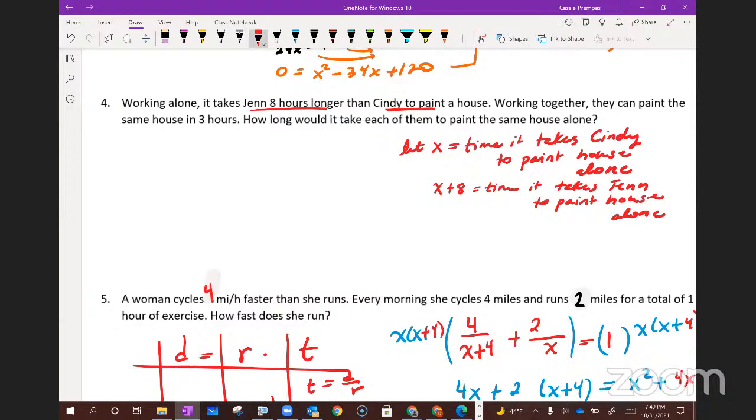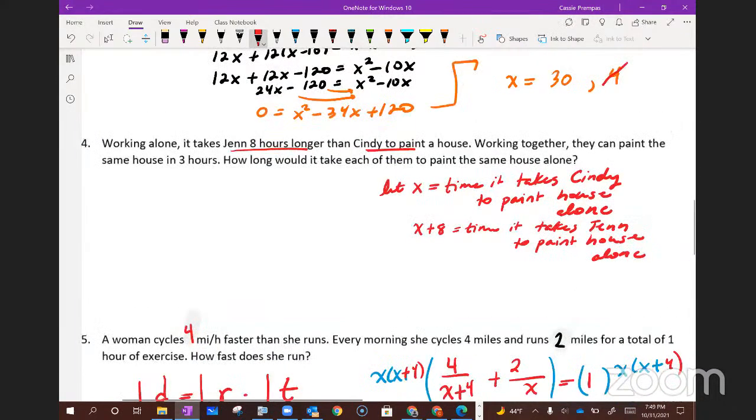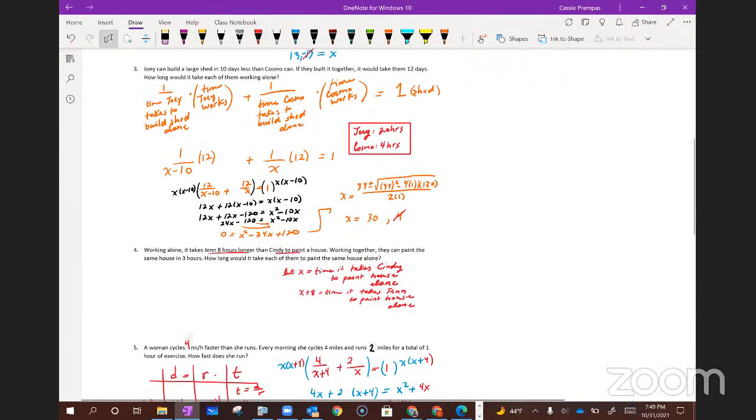Now I would use this formula that's referenced in number 3. It's 1 over how long it takes person A to do the job alone. So this is going to be 1 over x if I'm using Cindy's time.